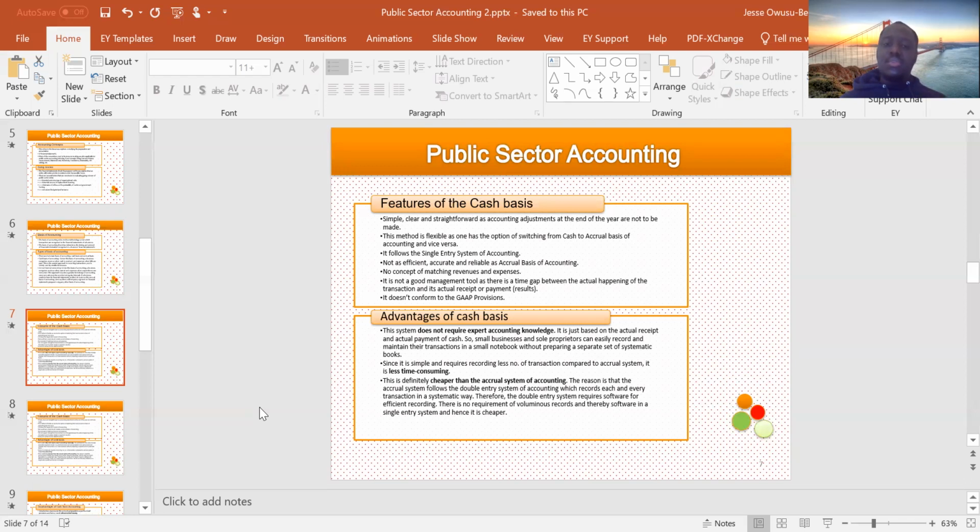And also, since it is simple and records fewer transactions compared to the accrual system, it is less time consuming. It's quite easy, you just record cash in and out, that's it.